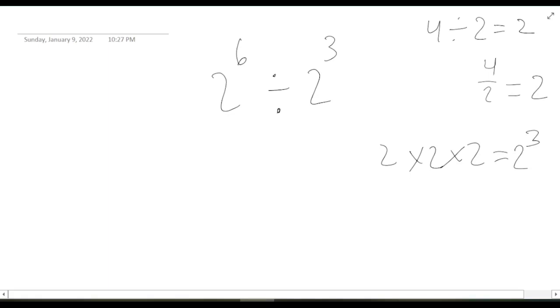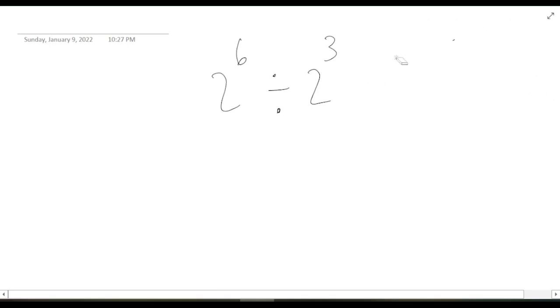And we can write this in exponent form again as 2 to the 3. Right? So let's do that one more time with another example. Let's go ahead and pick a bigger number. Let's pick, let's say, 5 to the 9th divided by 5 to the 4th. Okay, so again, we want to rewrite this as a fraction problem. So we're going to take the first number, 5 to the 9th, and expand that first.